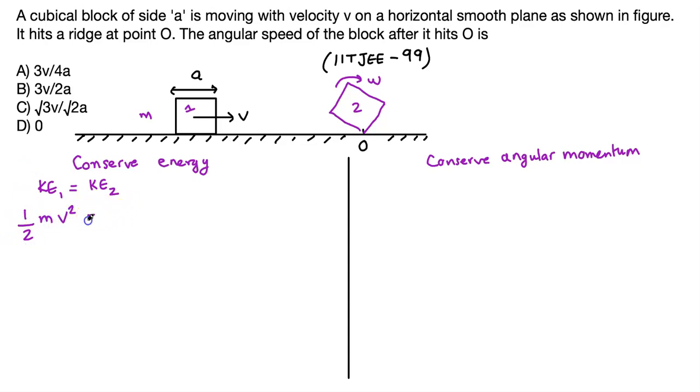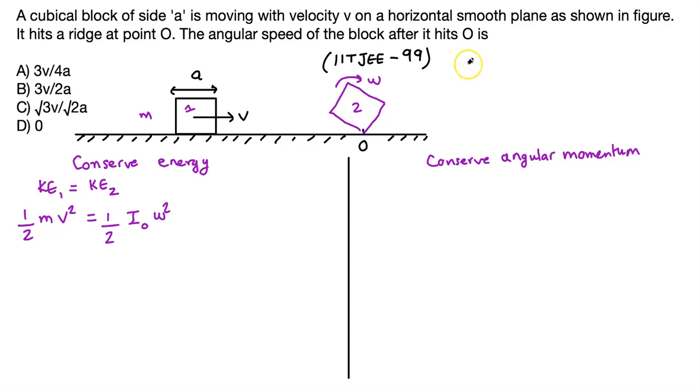The final kinetic energy, I'm assuming, is purely rotational, so it's going to be half I about the point O, where this is the moment of inertia about the point O, times omega squared. So I_O, we will have to calculate that, so let's do that.